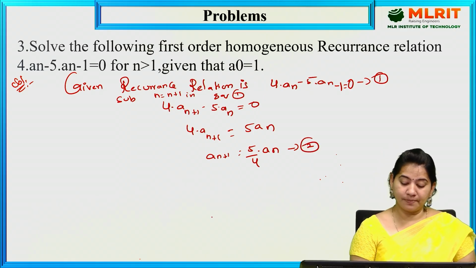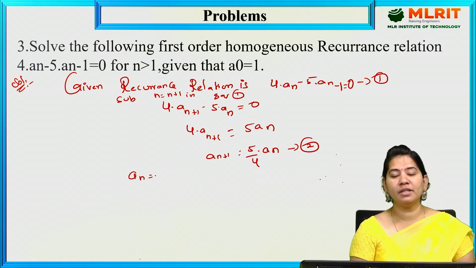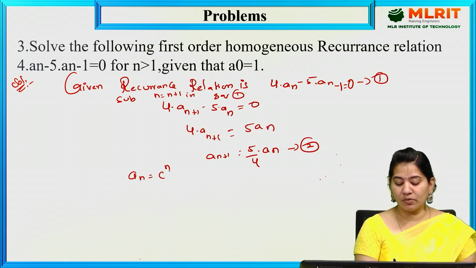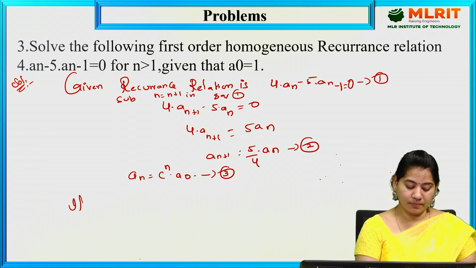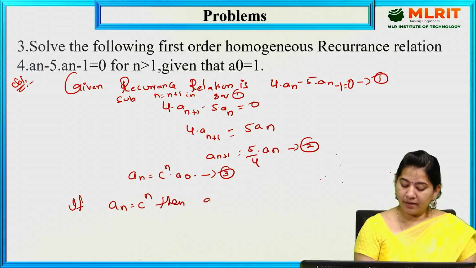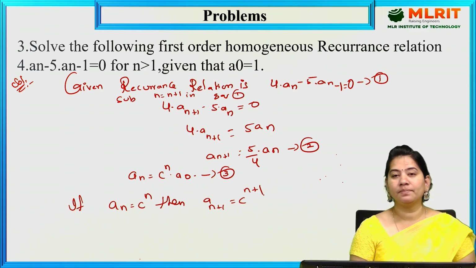So now we know that the general solution for the first order homogeneous recurrence relation is an is equal to c power n into a naught. This is equation 3. Now, if an is equal to c power n, then an plus 1 is equal to c power n plus 1.